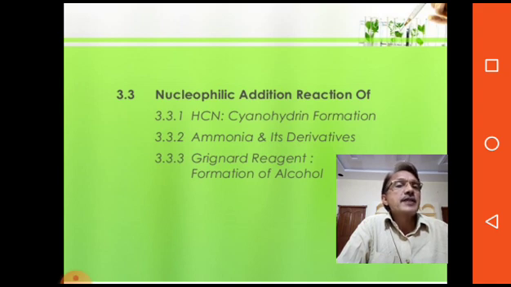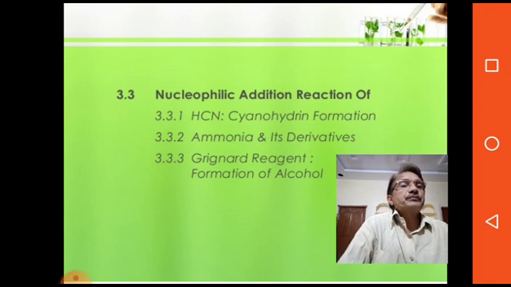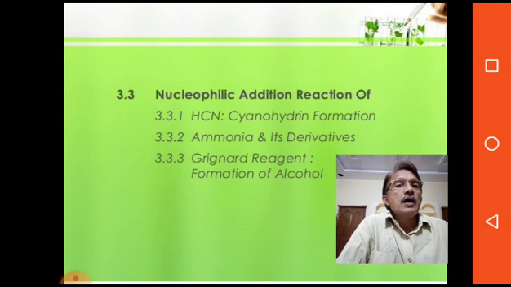So we can study the nucleophilic addition reactions comparatively or simultaneously. We can study the addition reactions which occur in both aldehydes and ketones. Let us discuss the addition reactions which occur in aldehydes and ketones.